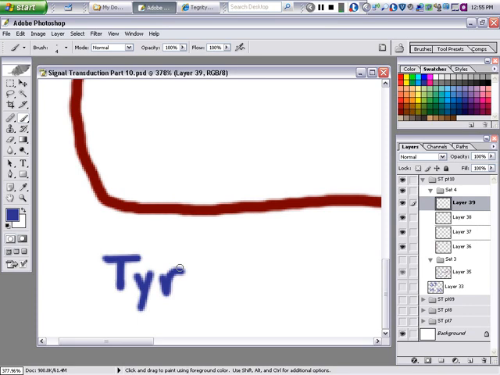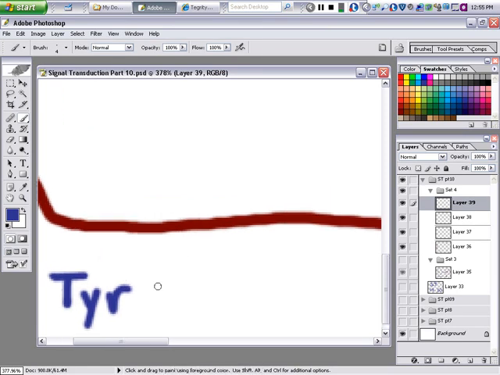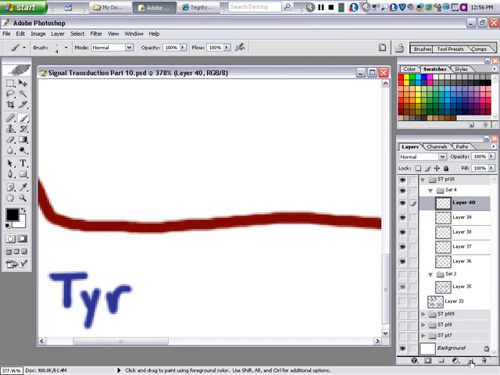Some amino acids your body can just make. Some of them are essential. You can't make them, so you have to eat them. So here we have tyrosine. And there has to be a channel here that lets the tyrosine come into the cell. So here, let's just make ourselves a little channel here. Okay.